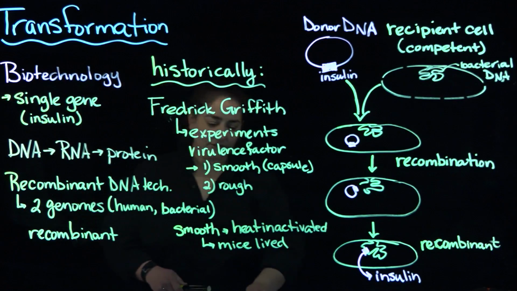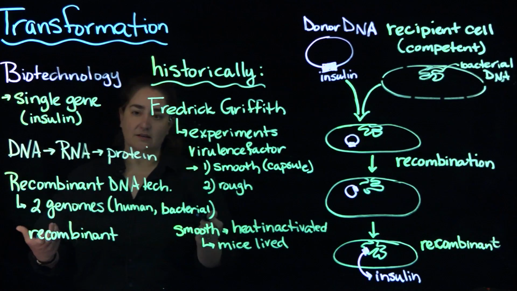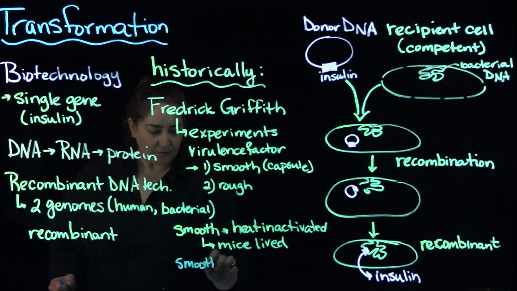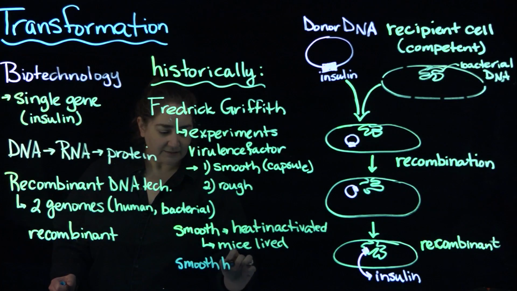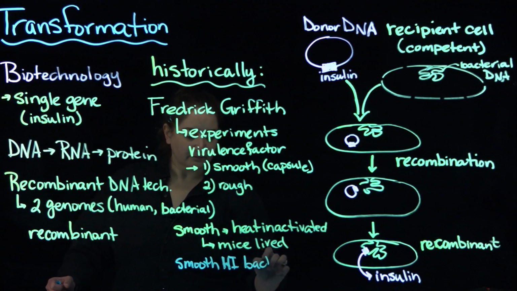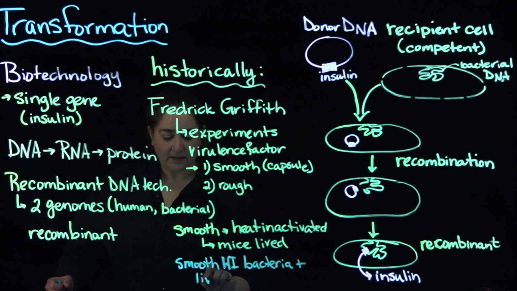Now I'm going to change colors here because the key in this process was taking the smooth heat, I'm going to abbreviate that just as HI, and you know that HI means heat inactivated bacteria, plus live rough bacteria.